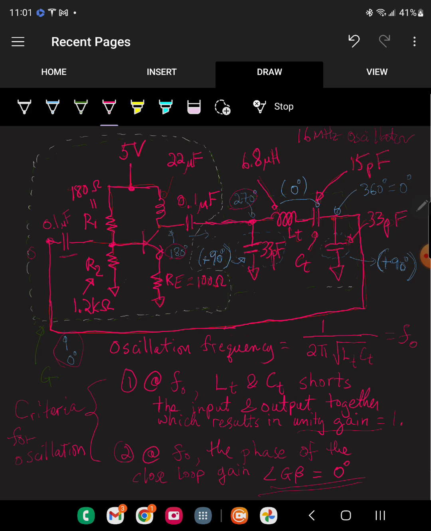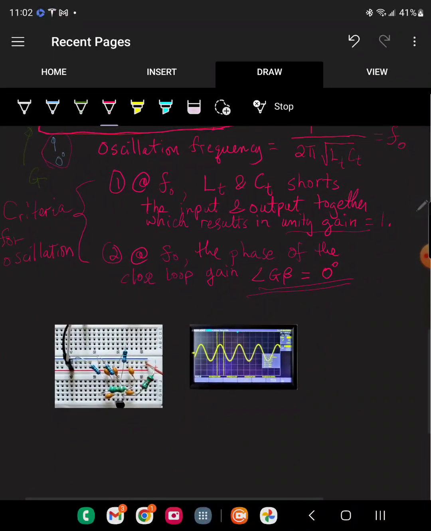So there's a lot of mistakes out there on the internet, so don't fall for that. I've been doing this for many decades, and I've seen these mistakes all over the place. So you have to have a tank circuit. Okay, so by doing that, you meet both criteria. You meet the unity gain, and you also meet the 0 degrees closed loop gain phase. All right, so that's how it works.